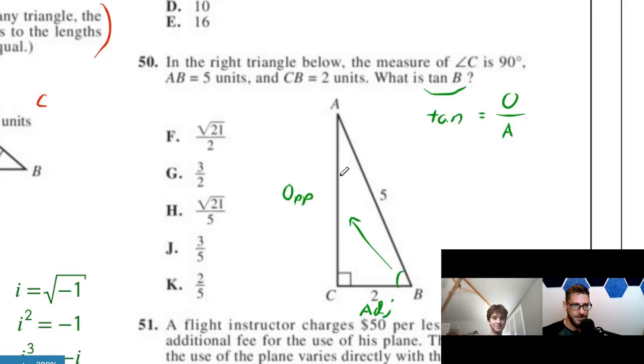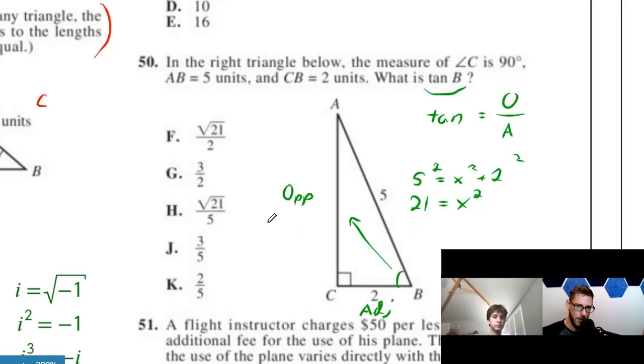Yes. How? It's a right triangle, and we're missing one side. Oh, Pythag, yeah. Yep. So 5 squared equals x squared plus 2 squared. So 25 minus 4 is 21.